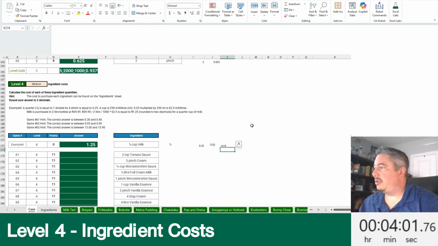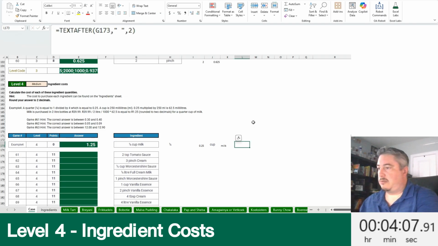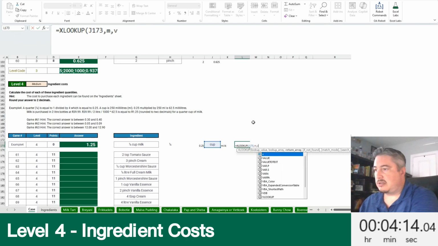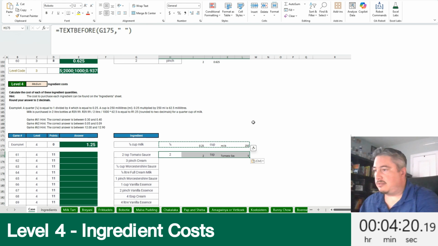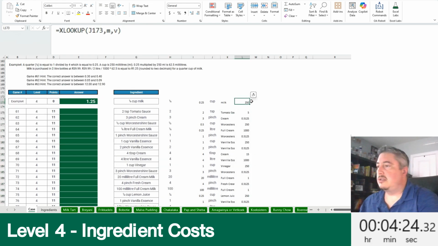Okay, so calculate the cost of these quantities. To do something similar to before, say X lookup, list some measures to values, and let's just double check that all of those are in the table. They are. Okay.